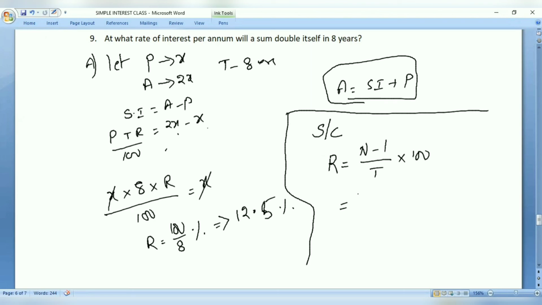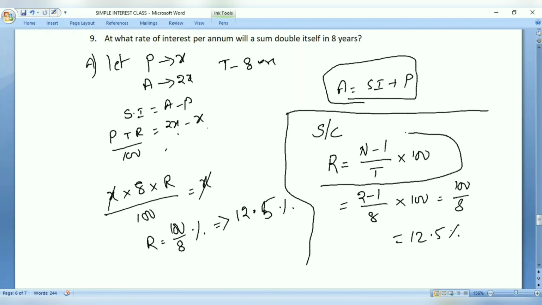That means here in our case, double. So 2 minus 1, and the time period is 8 years they have given, into 100. So 2 minus 1 is 1 by 8. So it becomes 100 by 8, that is equal to 12.5 percentage. So this is the shortcut formula.